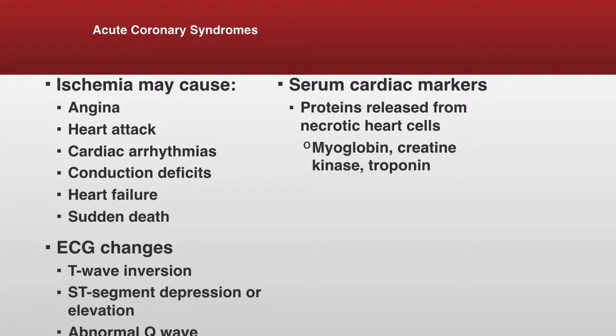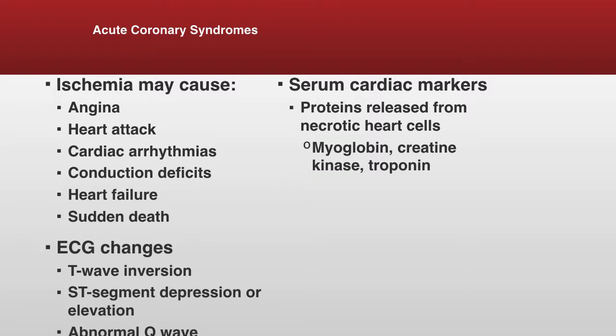If that continues and we start getting necrotic areas because of that continued ischemia, we can have heart failure and sudden death. The ECG changes that we see are T-wave inversions, ST segment depression or elevations, and abnormal Q waves. And I'll show you some pictures of those with the next slide.